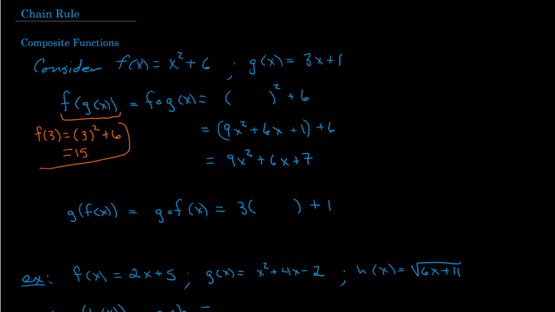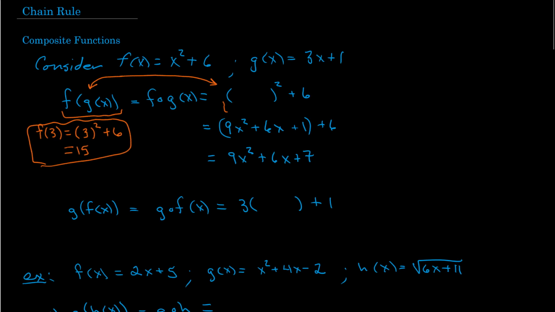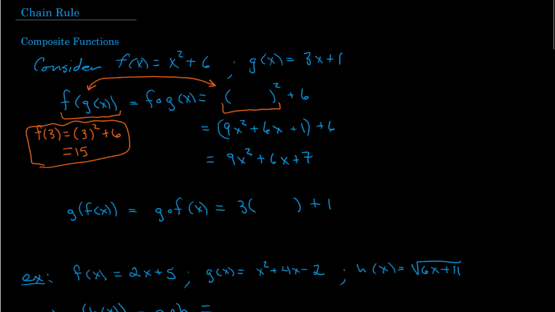Using that exact same pattern, we can rewrite this composite function over here, where we are going to put some parentheses with an exponent of 2, leaving that blank inside the parentheses for whatever goes inside, then plus 6.